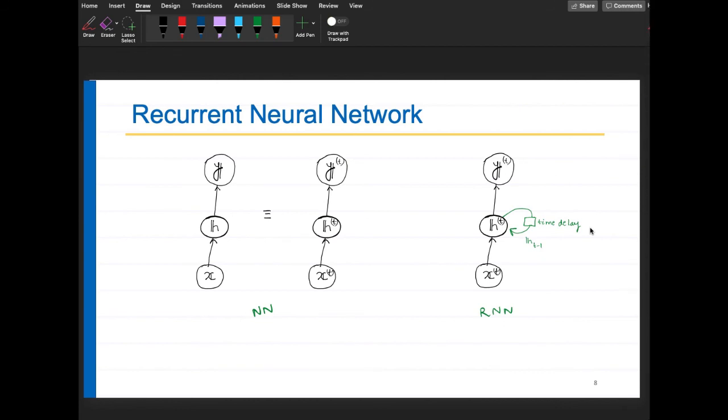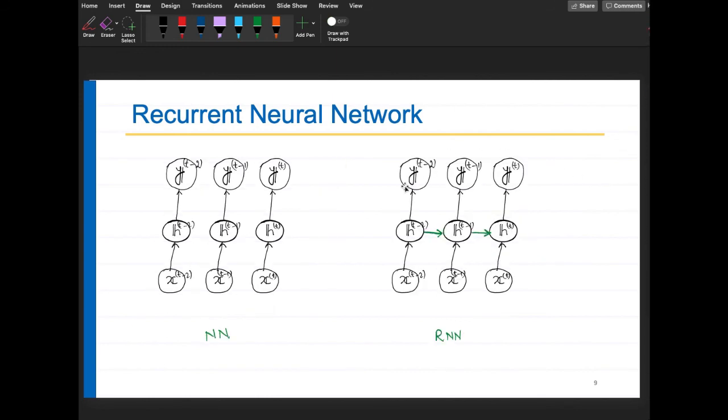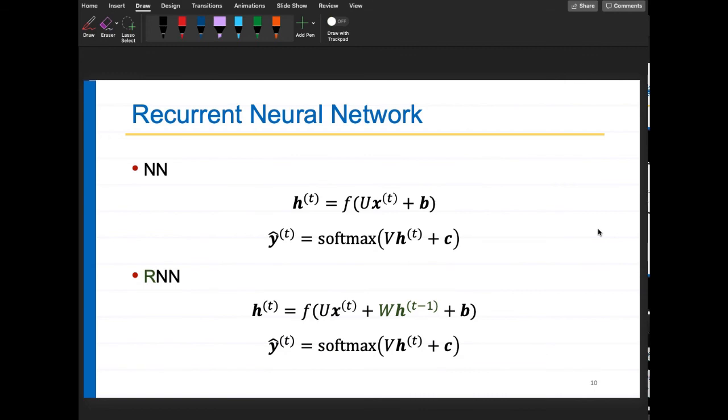So basically this is a time delay element, so that your ht is dependent on xt as well as ht minus 1. That's how you represent it. So there are two representations which we have studied now. One is this representation at time t only, and the next is this representation where you unroll over time. They are equivalent, two representations of the same thing.